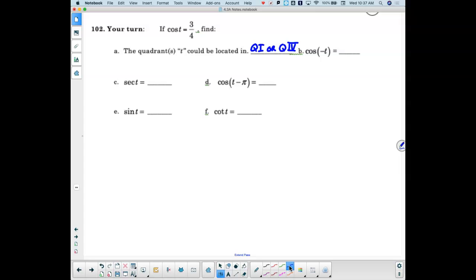What is the cosine of negative t then? From number 6, the page right before this, we should have said that cosine of negative t is equal to the cosine of regular t, right? So what should it be? 3/4.